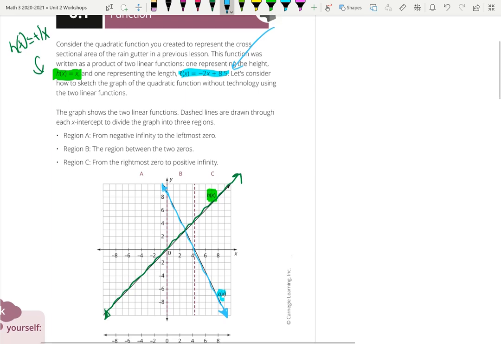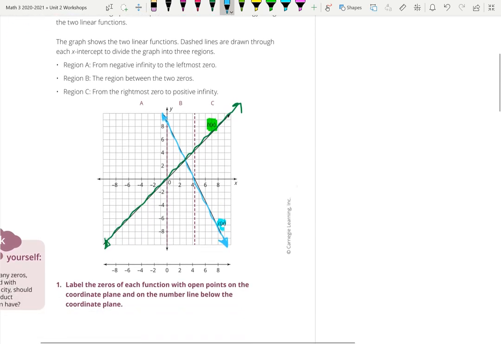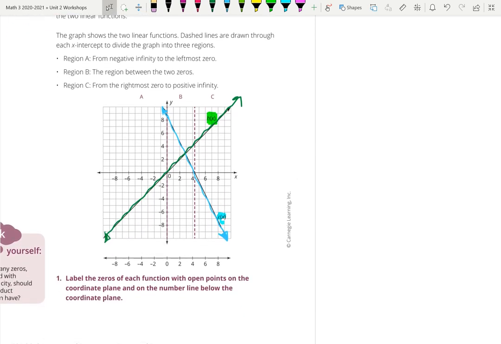Okay, what we're going to do now is look at the first problem. We need to label the zeros of each function with open points on the coordinate plane and on the number line below the coordinate plane. So notice this green line has an x-intercept of 0. You can prove this algebraically. From above, I know that the function h is equal to x.